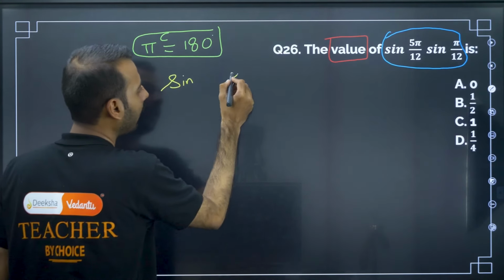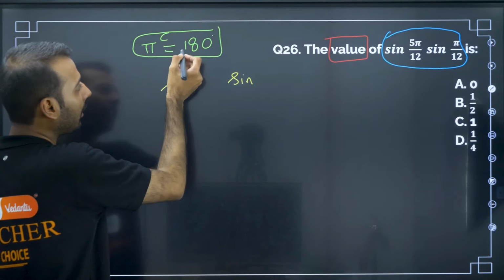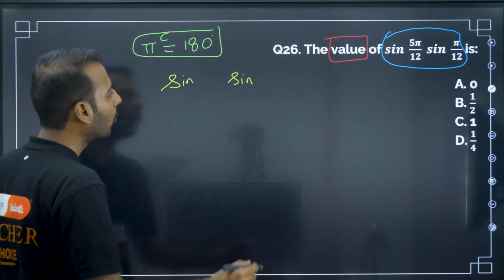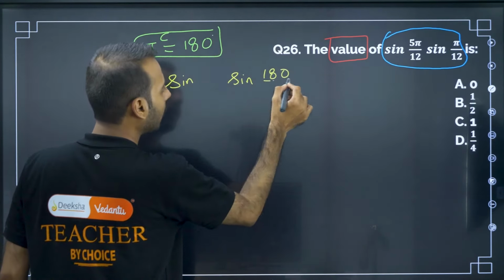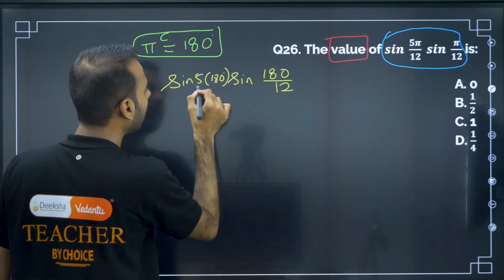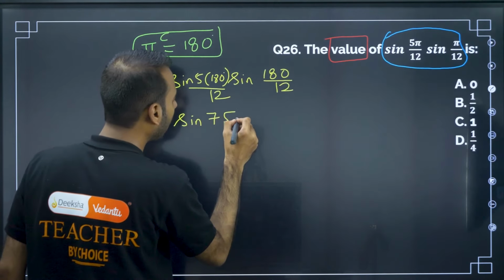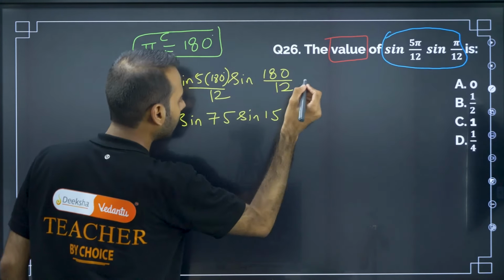Sine, and here sine 5 pi by 12. In place of pi by 12, it is 180 by 12, and also here pi is 180 by 12. So sine 75, sine 15.